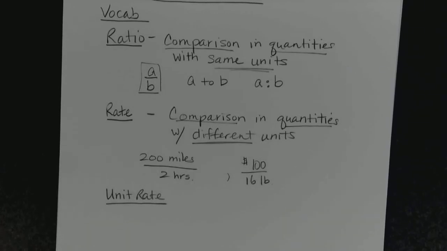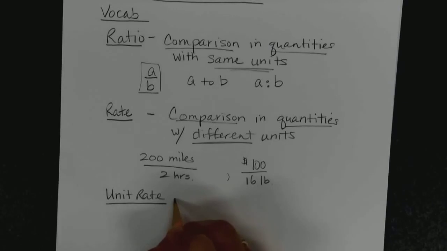Would it be like multiple hours, like for 4 hours it'd be 400 miles? No, that's still a rate. I want a unit rate. What does it mean by unit? What makes it a unit? It's by itself.